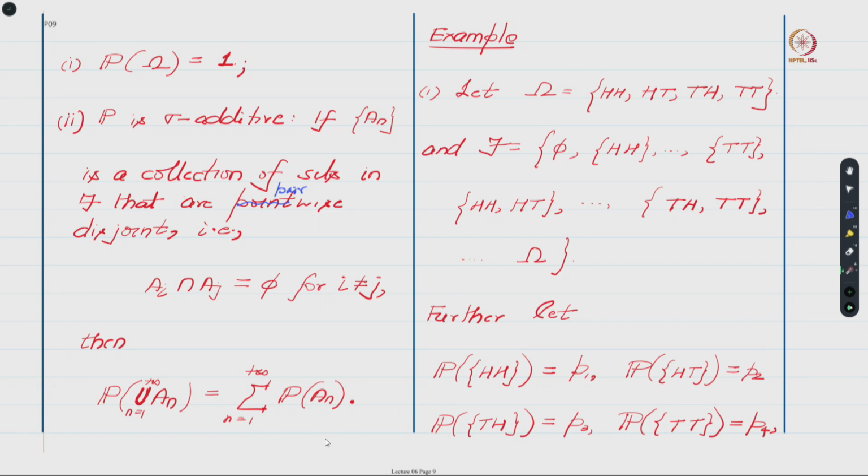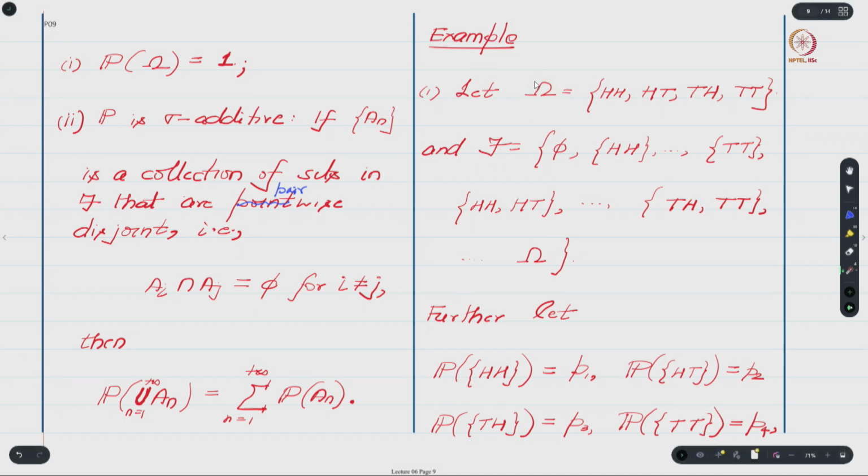All right. Here is an example of this probability space. You must have often looked at this coin tossing experiment. In this coin tossing experiment, the sample space is made up of HH, HT, TH and TT, and for convenience we can look at the sigma field which is the power set of omega.